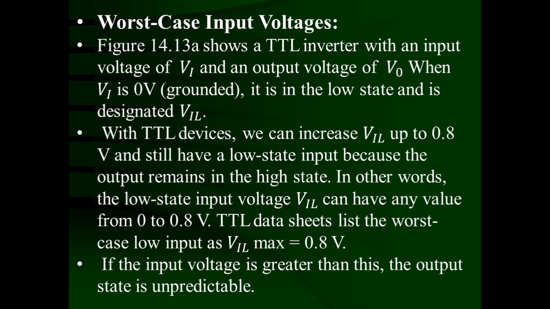In other words, the low state input voltage VIL can have any value from 0 to 0.8 volt. TTL datasheets list the worst case low input as VIL maximum equal to 0.8 volt. If the input voltage is greater than this, the output state is unpredictable.